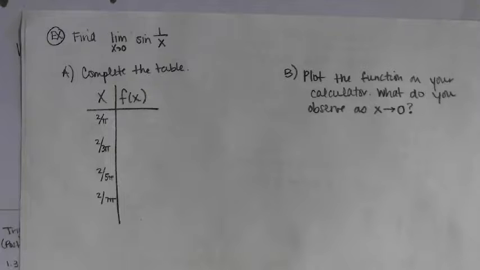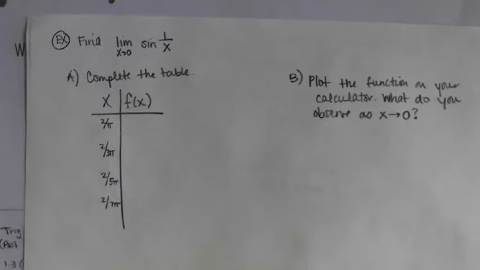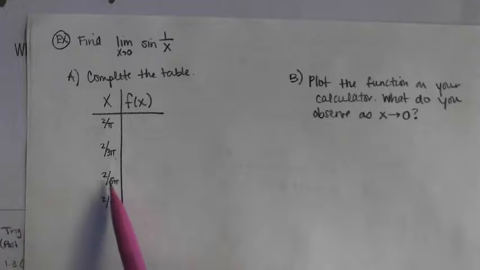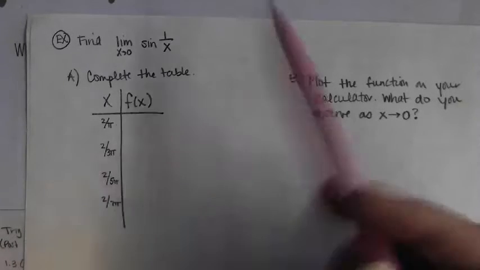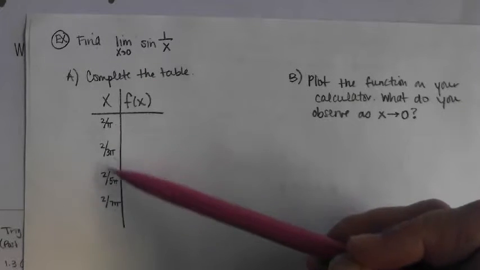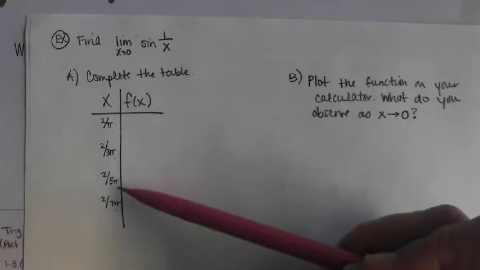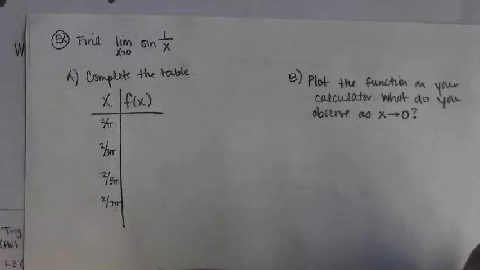I also think that we can think about it in a couple of different ways to shed some light on it. But we'll start with the table. And in this table, we're given our x coordinates because it would be too difficult. But 2 over pi, 2 over 3 pi, 2 over 5 pi, 2 over 7 pi. What are these x numbers approaching as the denominator changes from 1 pi to 3 pi to 5 pi to 7 pi?